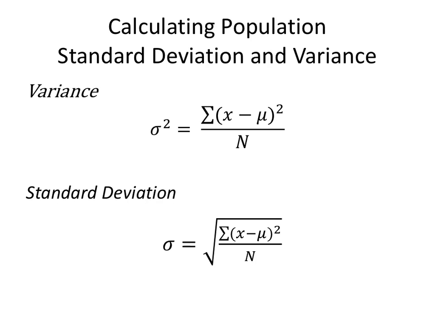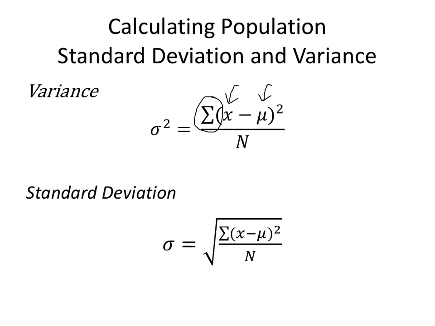Sigma means the sum of. So what is within our parentheses, we will be finding those values and then adding all of them together. X stands for each value within our set. So we're going to have to do a calculation for each value in our set and so X will be different each time.